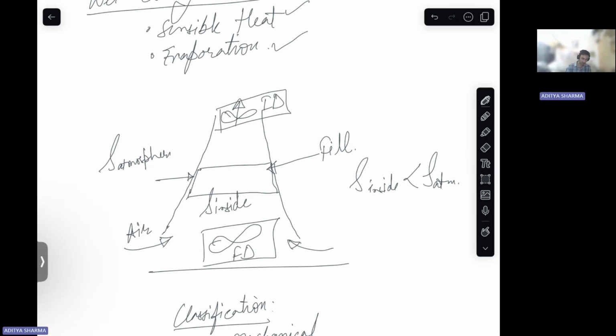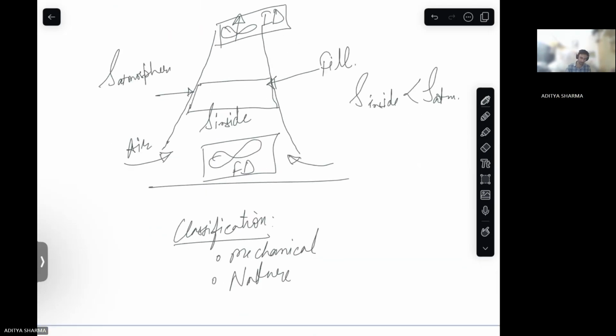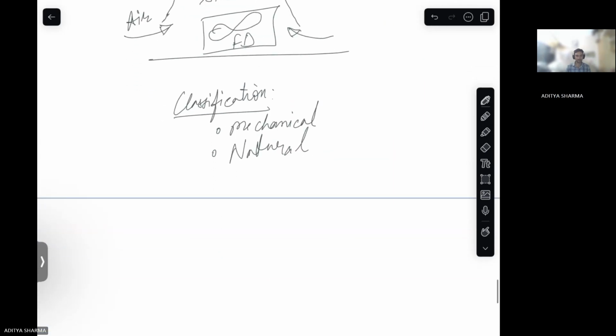Okay, so this will lead to air passage, and this comes in your natural draught tower. Yes, all right. Natural draught type wet cooling tower. Okay, so this is it about your wet cooling tower.